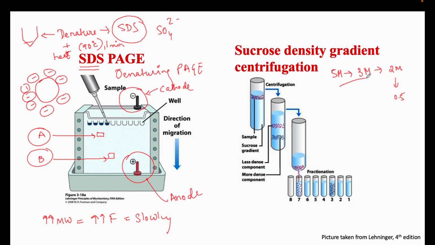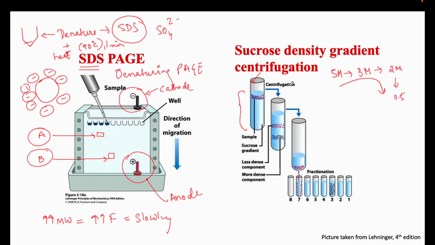So this is the gradient with increasing concentration of sucrose solution. This is the density gradient I make, and to this, from the side of the tube, we add our mixture of proteins.